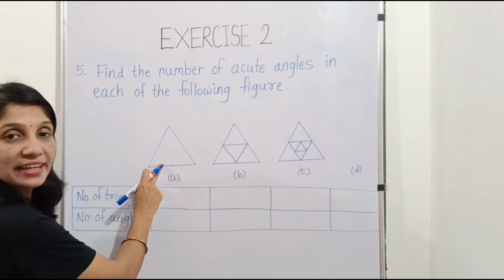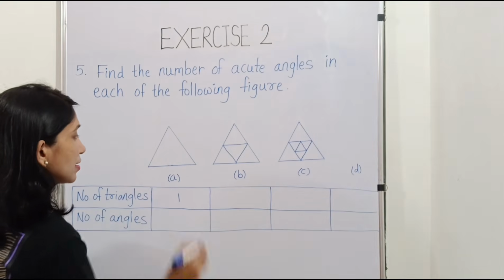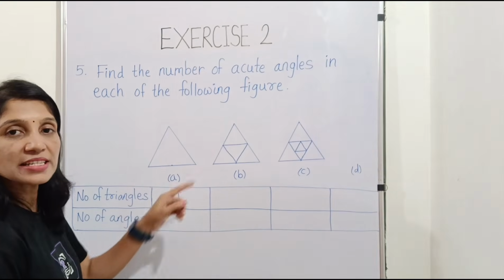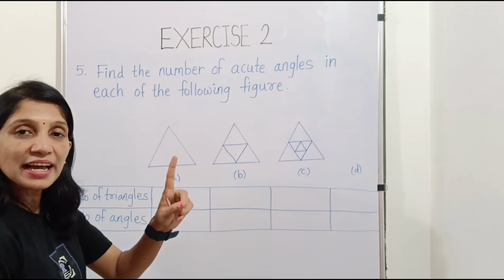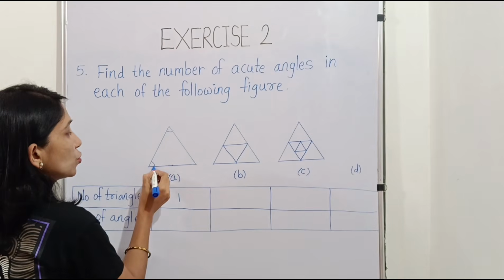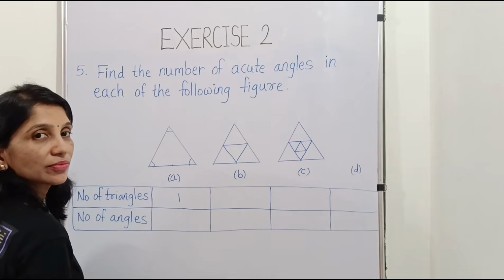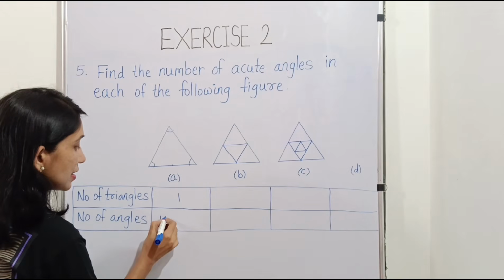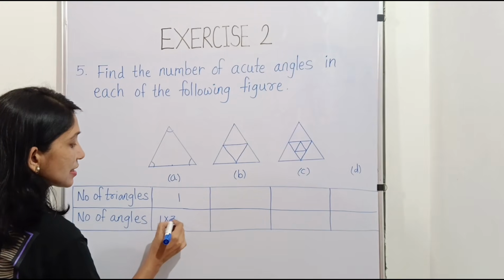See, number of triangles is 1. How many angles does it have? One triangle has 3 angles. 1, 2 and 3.